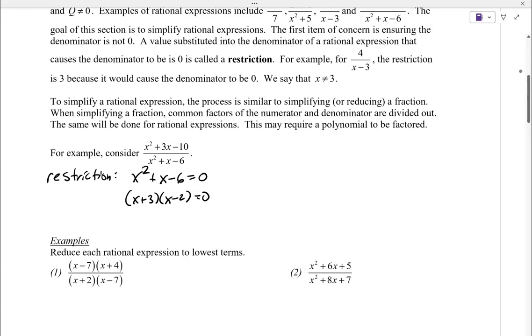But remember, when we have those quadratics that have a leading coefficient of 1, we know we have to use x and x for the first terms. I need things that multiply to -6 and add to +1. So we use +3 and -2 for those. Okay. So now set each piece equal to 0.